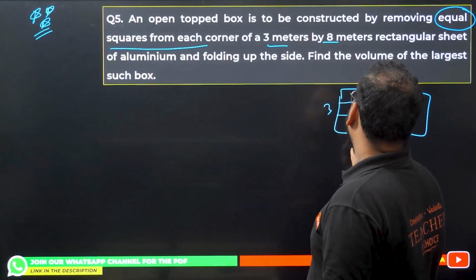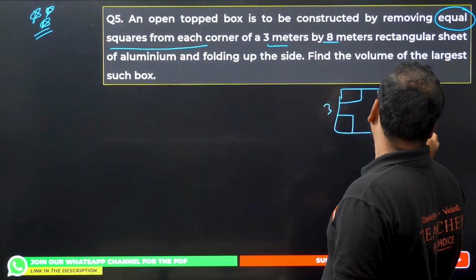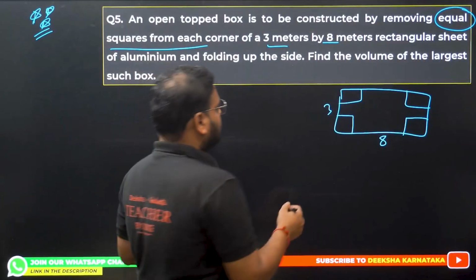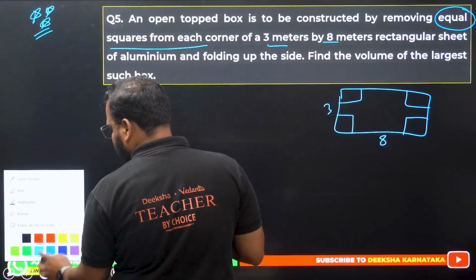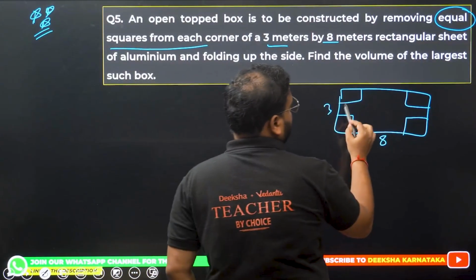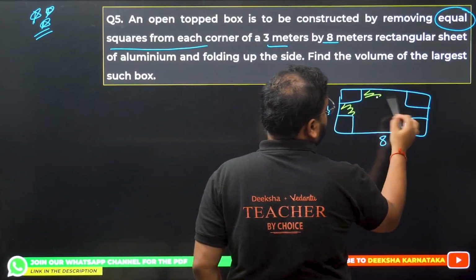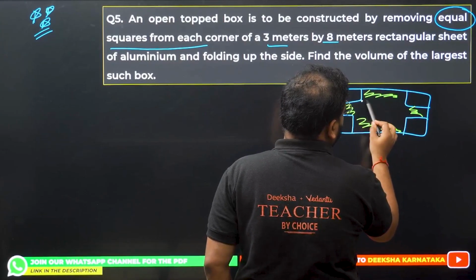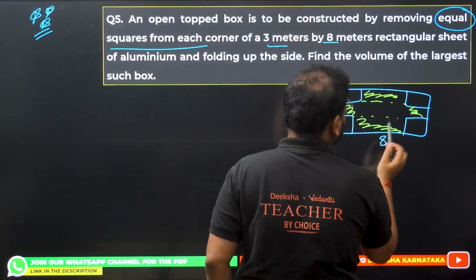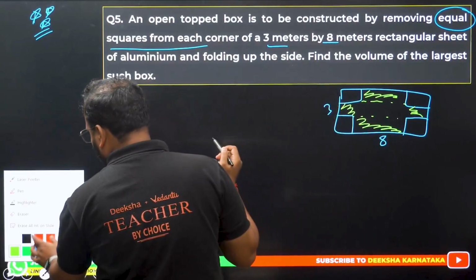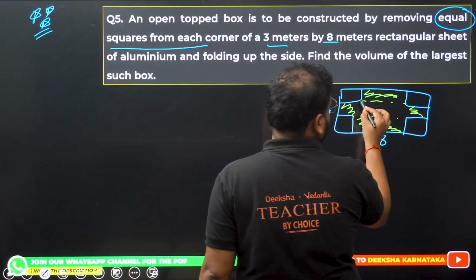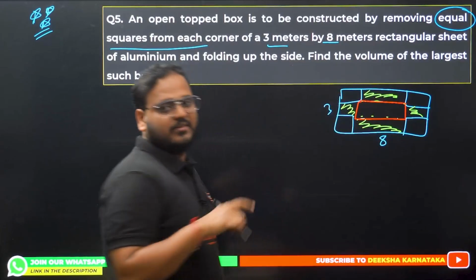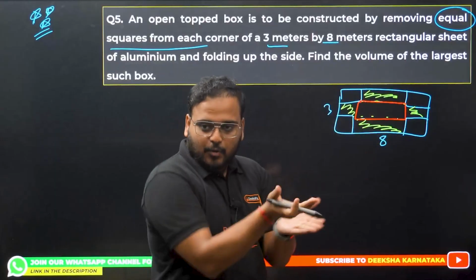Remove, remove, remove, remove. If you remove, this part over here will become a wall, right? These 4 parts will become walls, and the other part will be your base. I hope all of you can visualize it. This will become your base, the bottom part, okay?